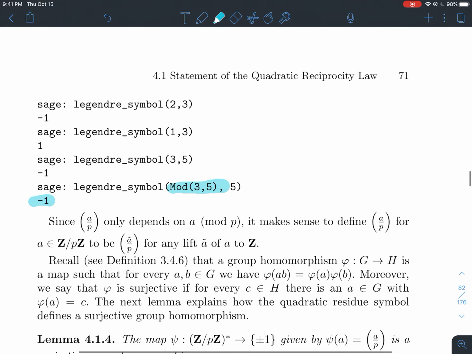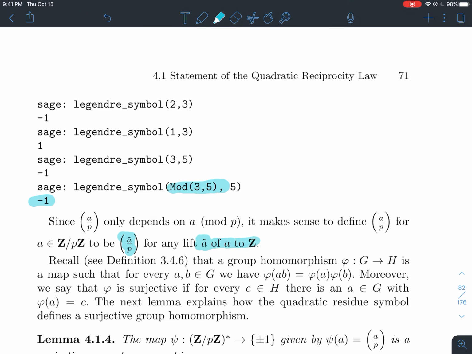To say that one more time, the Legendre symbol of a mod p only depends on what a is mod p. So we can talk about the Legendre symbol of a mod p for elements of Z mod pZ, these equivalence classes. The Legendre symbol of a, when a is an equivalence class, should be the same thing as the Legendre symbol of the integer ã mod p, where ã is any lift of a.